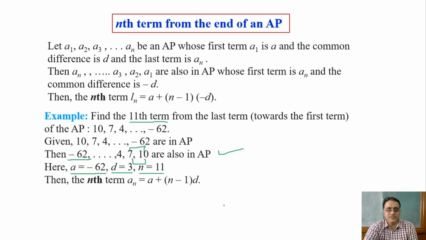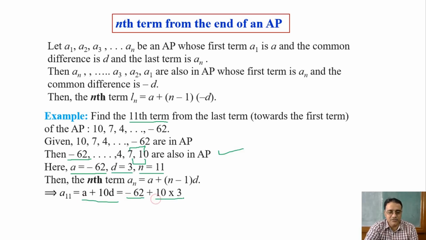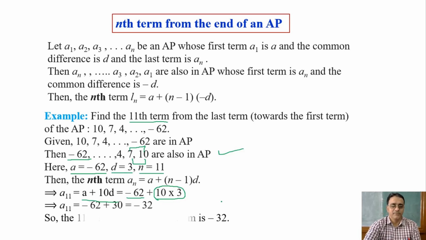So we will get A11 equals A plus 10D. That is minus 62 plus 10 into 3. So this becomes 30. So minus 62 plus 30. What will you get? Minus 32. Right, minus 32. So the 11th term from the last term is minus 32. Any doubt in this question?